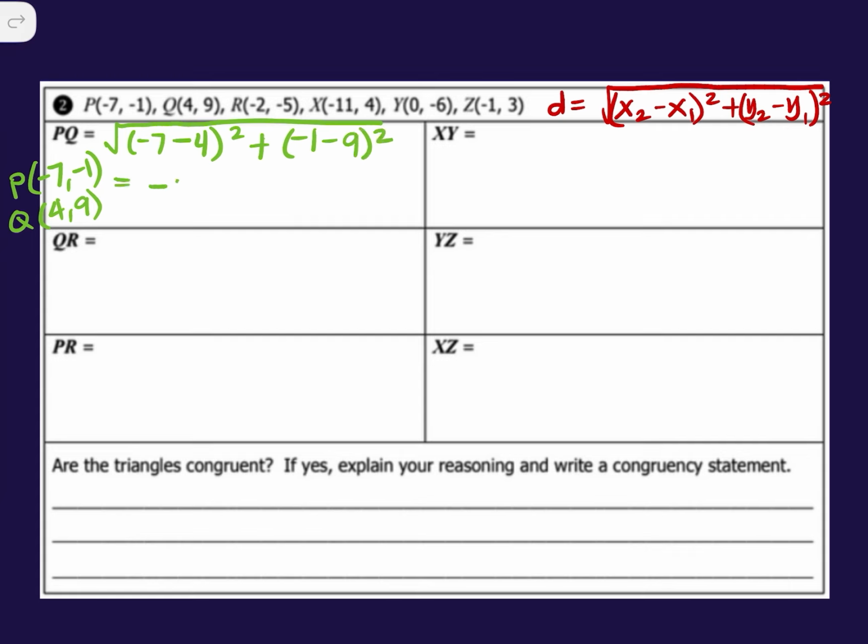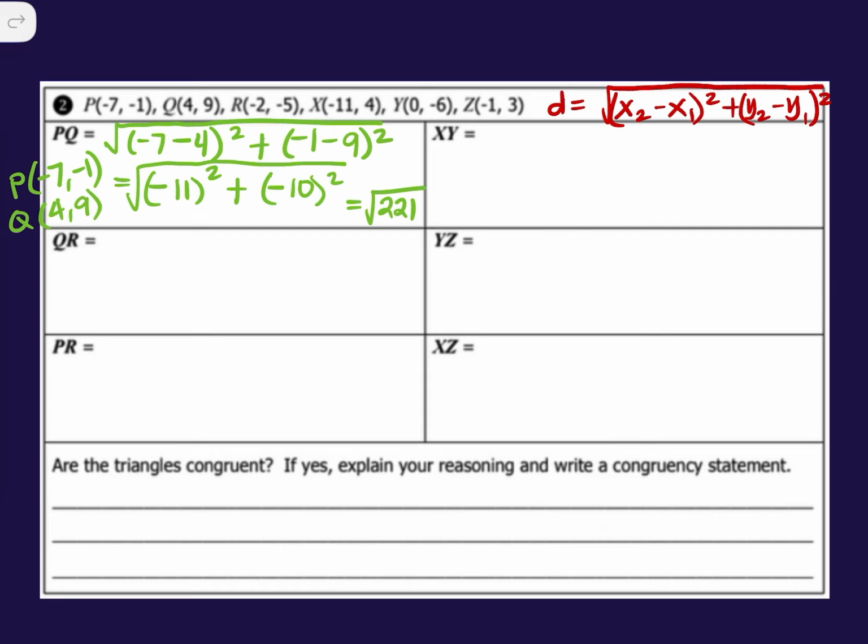So this will be -11 to the second power plus -10 to the second power, which when simplified is equal to square root of 221.